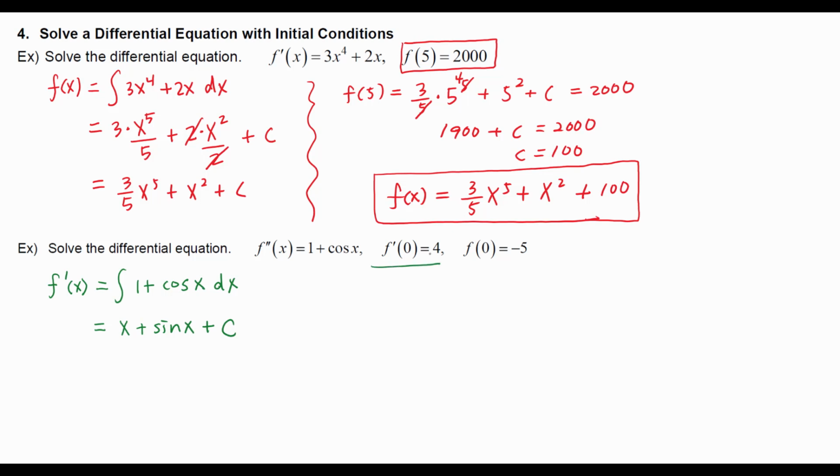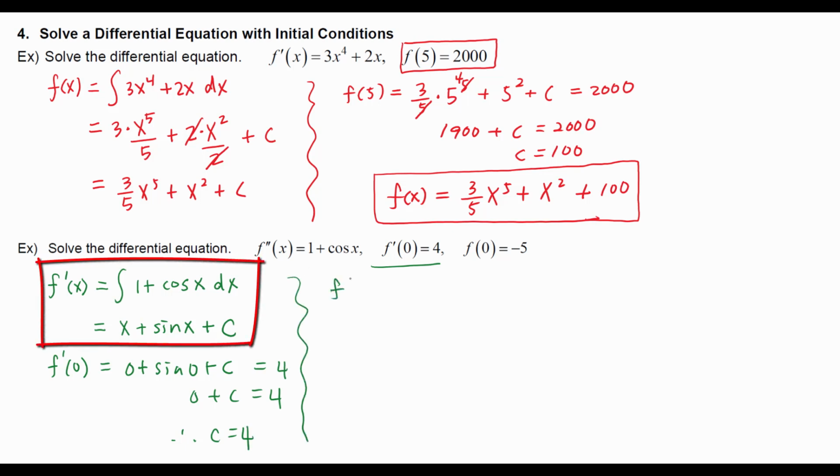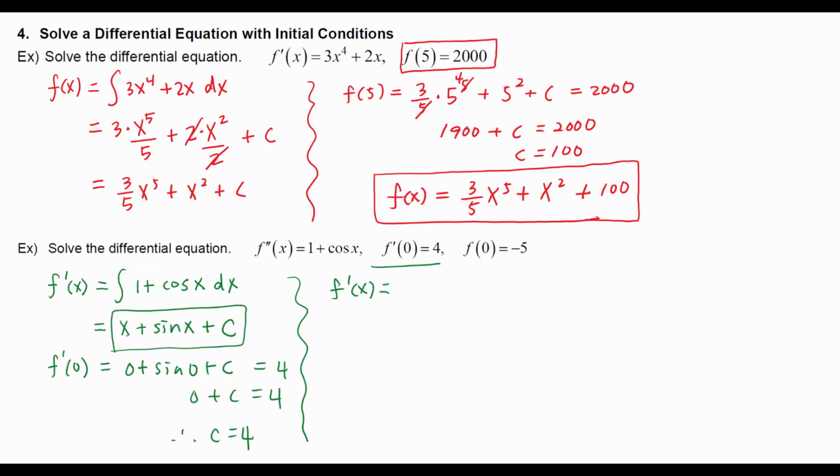But they said f prime of 0 is 4. So f prime of 0, which is 0 plus sine 0 plus c, they said is 4. But sine 0 is 0 as well. So I have 0 plus c equal to 4. So this c must be 4. So I found my f prime. And my f prime of x is then right here, and we plug in 4. So it will be x plus sine x plus 4.